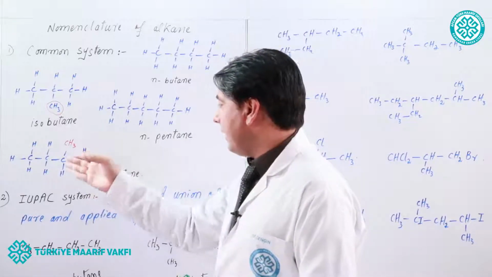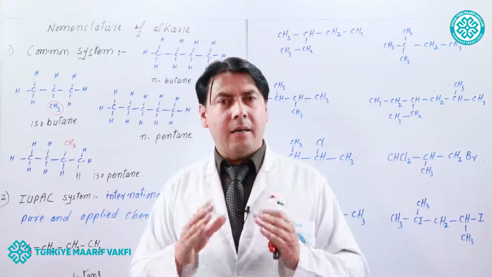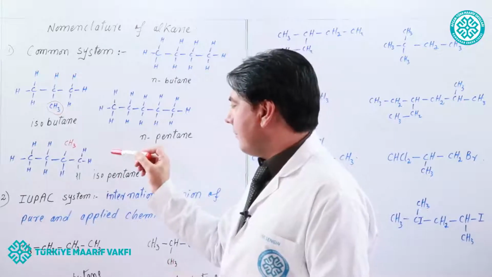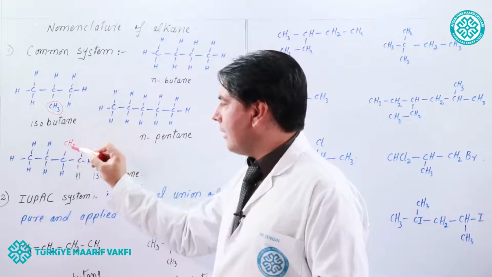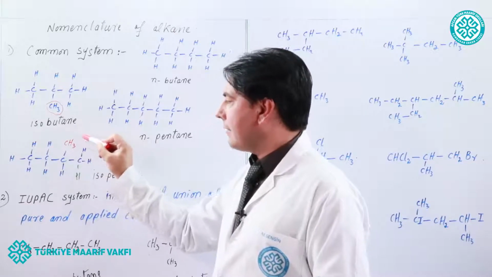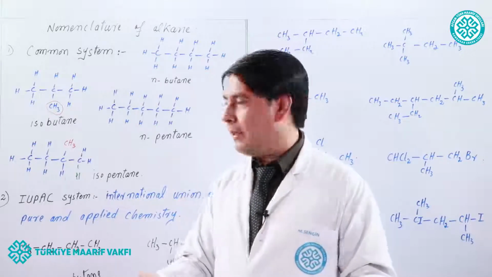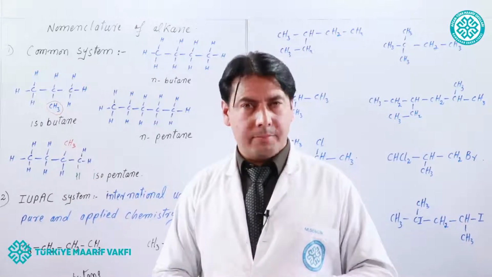So how will we name it? It is isopentane. There are a lot of drawbacks in this system because it cannot indicate the exact position of the side group or substituent, that is, to which carbon the substituent is attached. If we attach this substituent to this carbon, again it is isopentane.